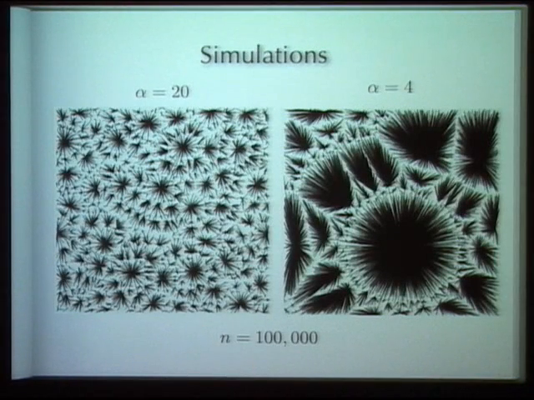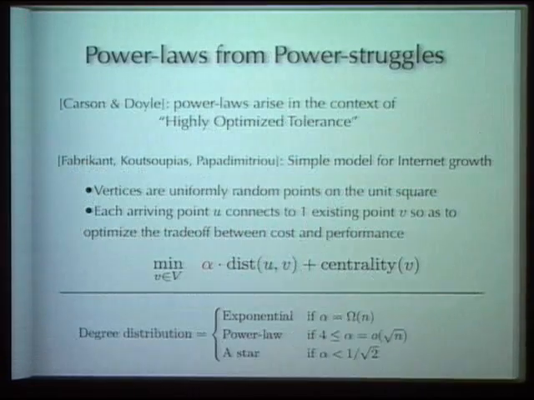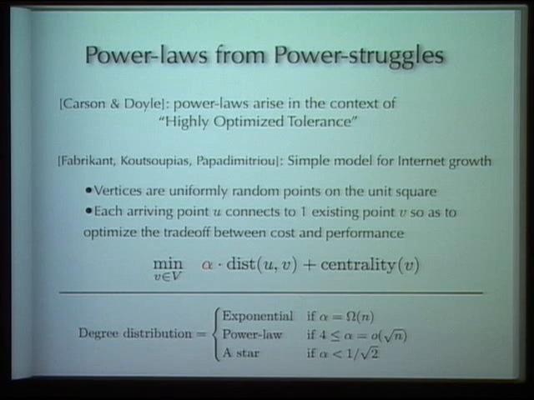So for example, these are two simulations at 100,000 points. When alpha equals 20, as you can see, the stars, we don't build edges that are very far. On the other hand, when alpha is 4, so we don't care so much about the distance, but we care a lot more about the centrality, the stars become a lot bigger. And the theorem is basically that if you look at the degree distribution, if alpha is big, if the only thing we care about is the cost of copper, then the degree distribution is essentially exponential.